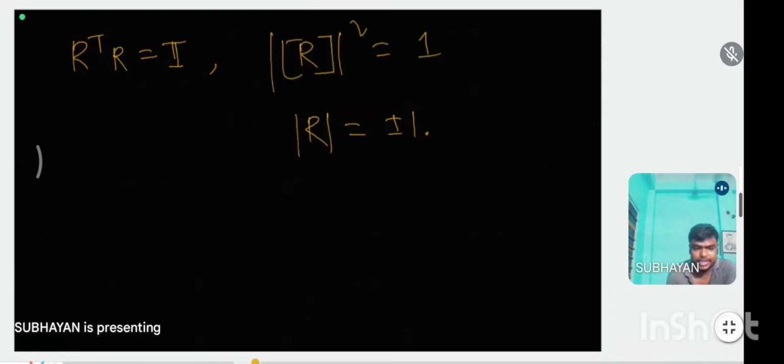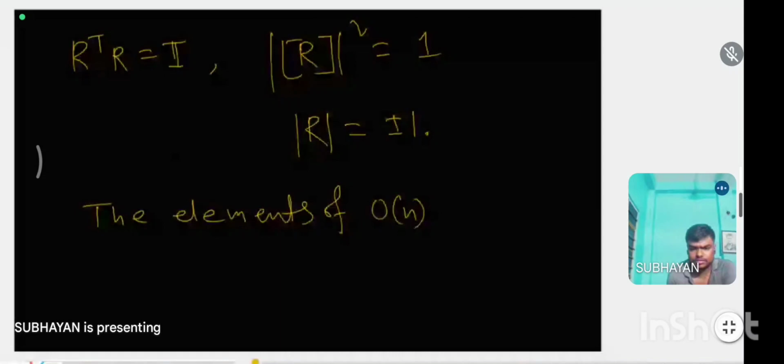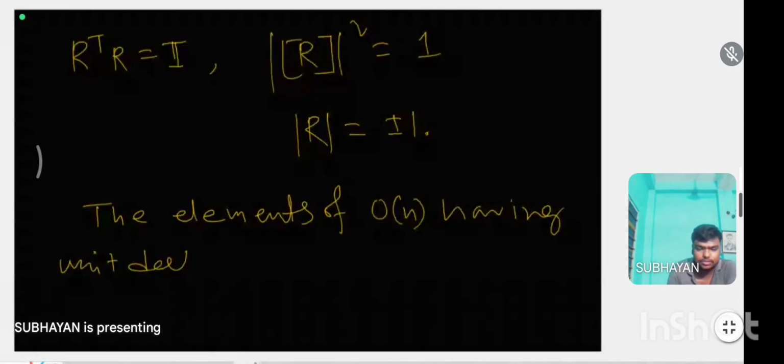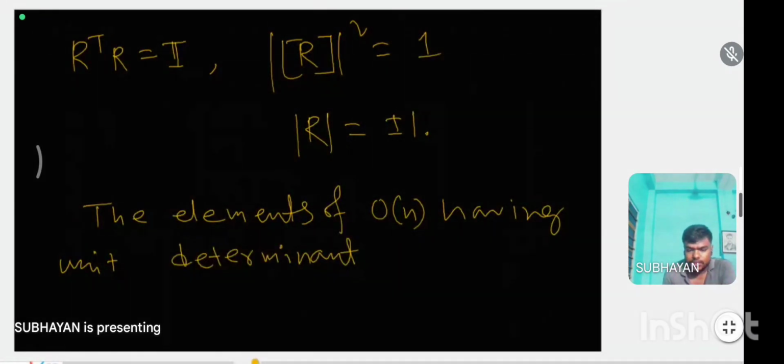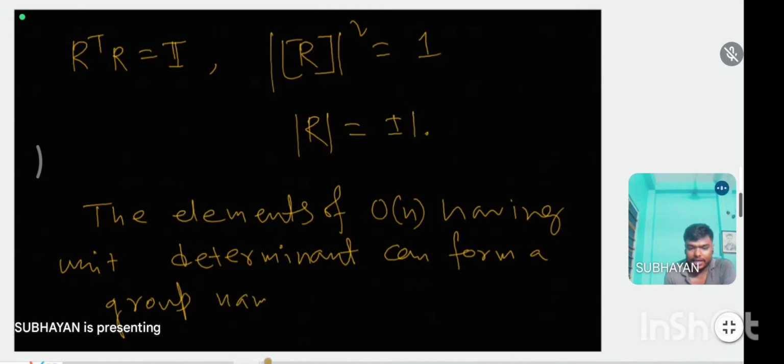So the elements of ON having unit determinant can form a group. This can form a group because this will satisfy the four properties of groups, and these groups are namely SON, special orthogonal.